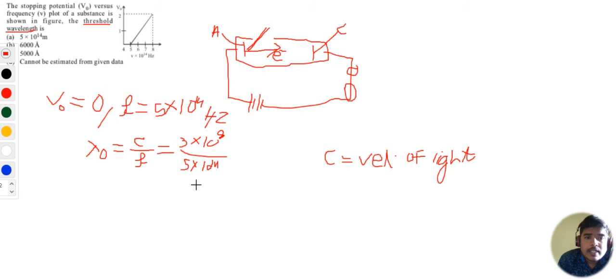This 3 by 5 is a very simple numerical. 3 by 5 we know is 0.6.